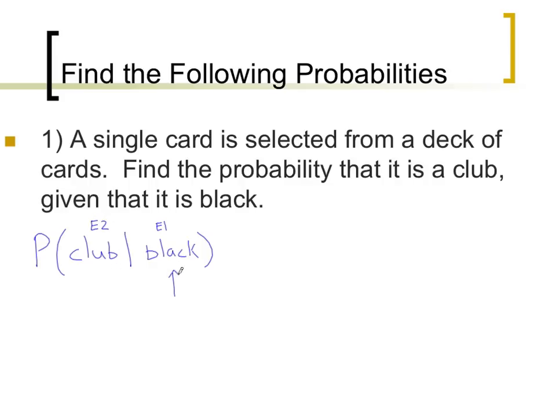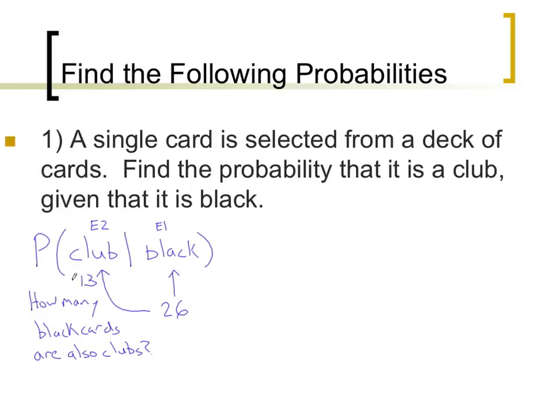What we do is we assume that this has happened. So we need to say, how many black cards are there? There's 26 black cards. And then we say, out of these 26, how many of them are clubs? So we just say, how many black cards are also clubs? And the answer there would be 13.